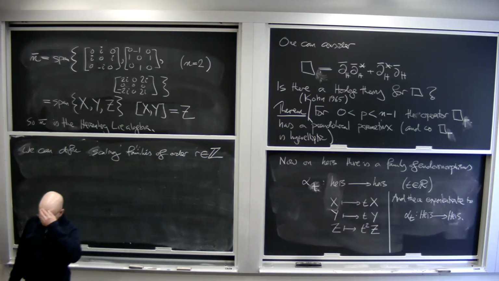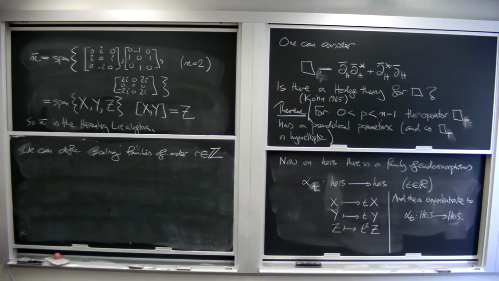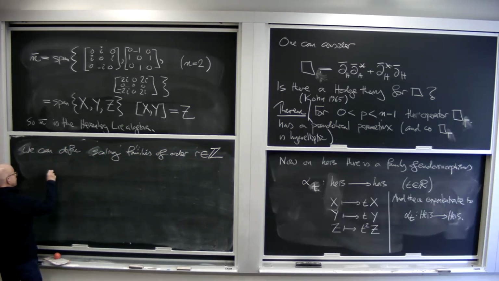The main objects that came out of this previous study were what we call scaling families of order R. So those were families of operators on the source fibers, what we call A's.